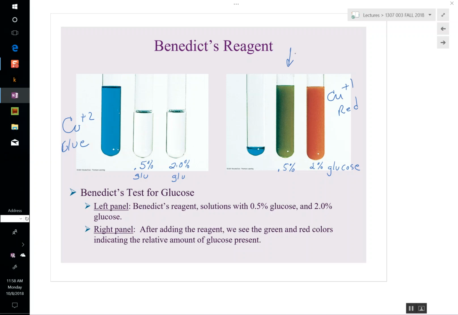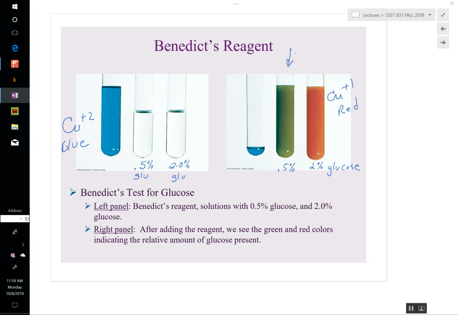And so there's a mixture of blue copper 2 and red copper 1 in here. You follow that? We didn't get the complete reaction of the Benedict's reagent. Got partial reaction. But we did get a color change.